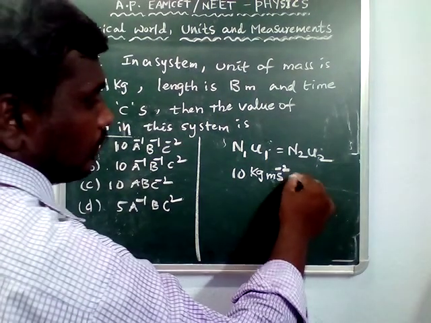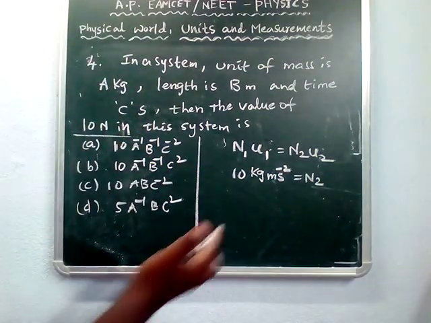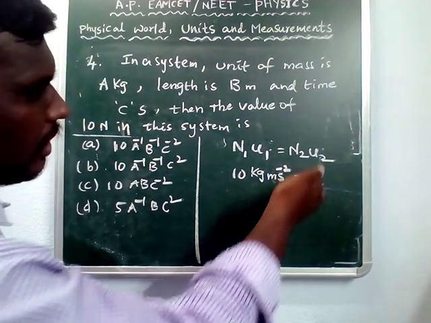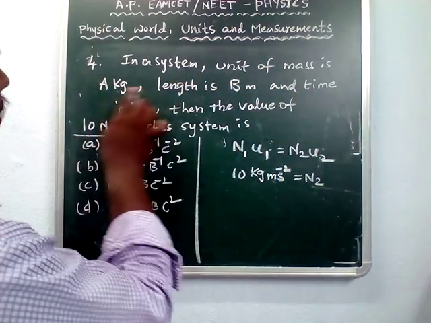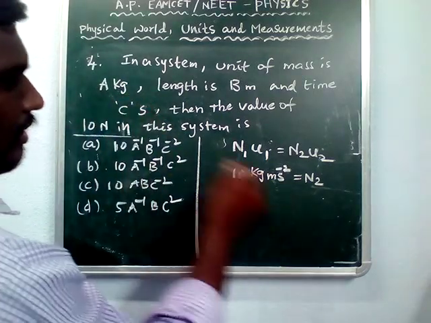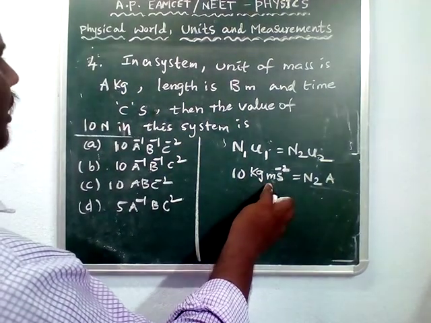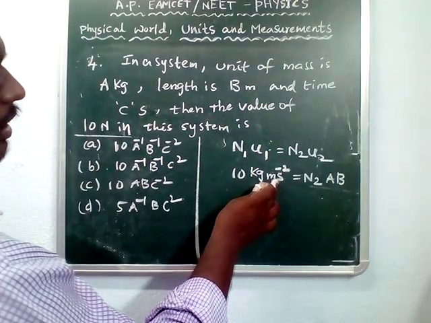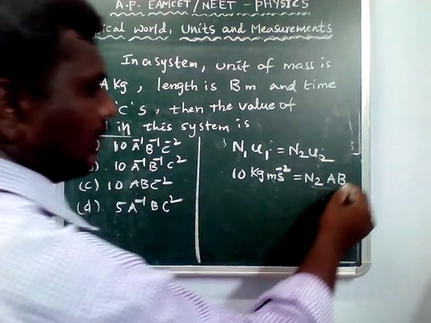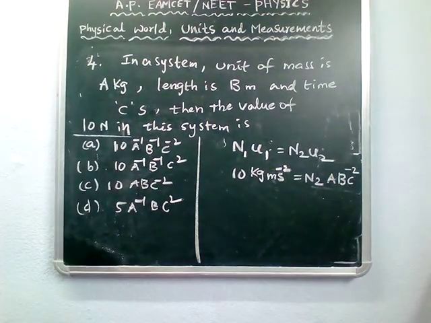That is equal to n2 u2, where n2 is the unknown numerical value and u2 is the unit in the given system, where mass is a kg. So in place of kg write a, in place of meter write b meter, and in place of second inverse 2 write c inverse 2. In this way you can compare them.